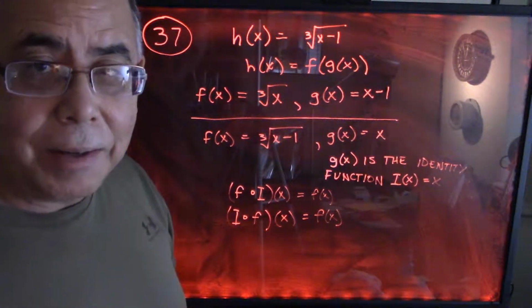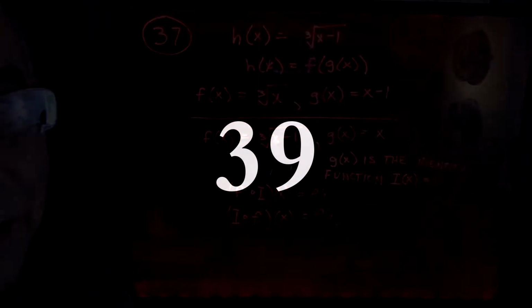Well, let's move on. Okay, number 39. H of x is 1 over the quantity x minus 2 cubed.